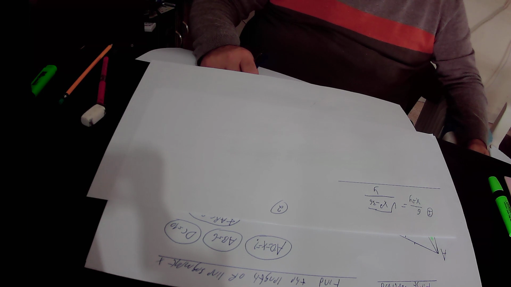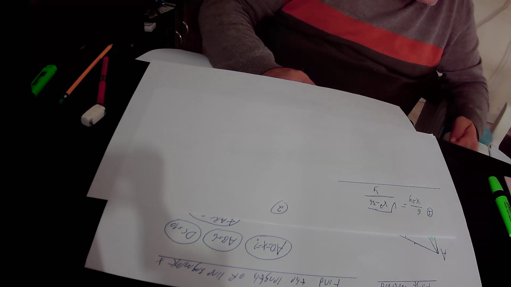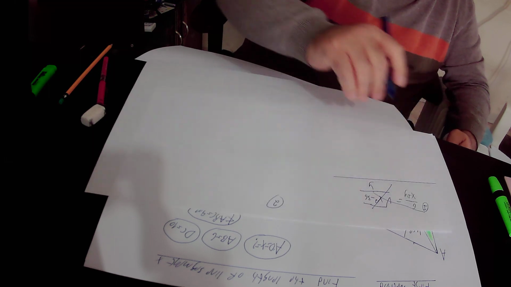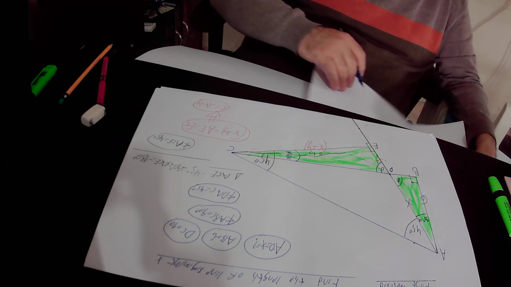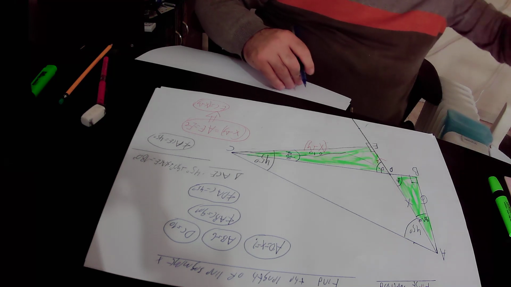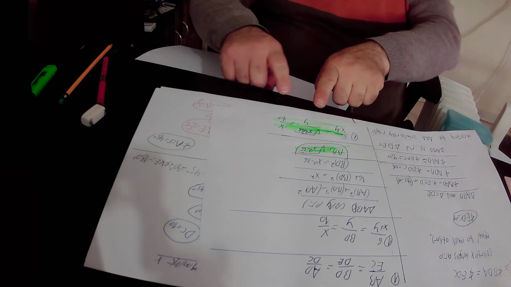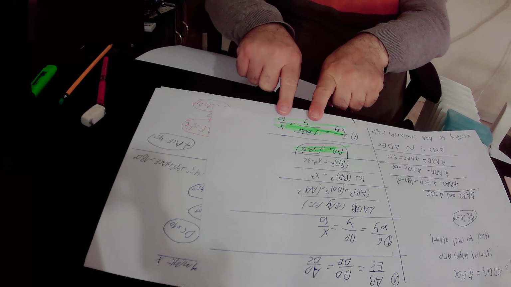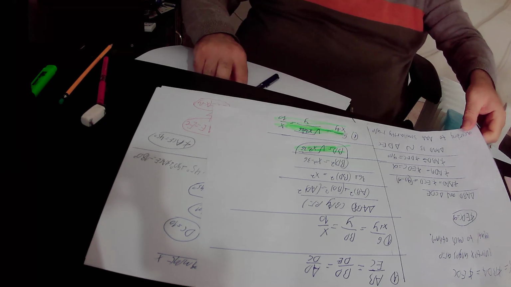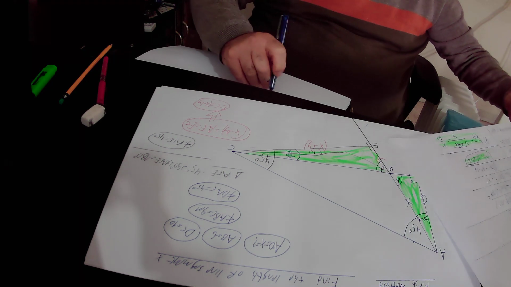The equation number 1 states that those two sides are equal to each other.